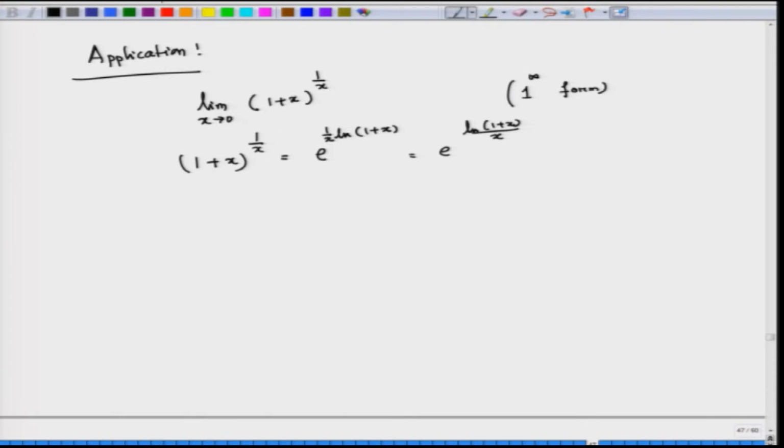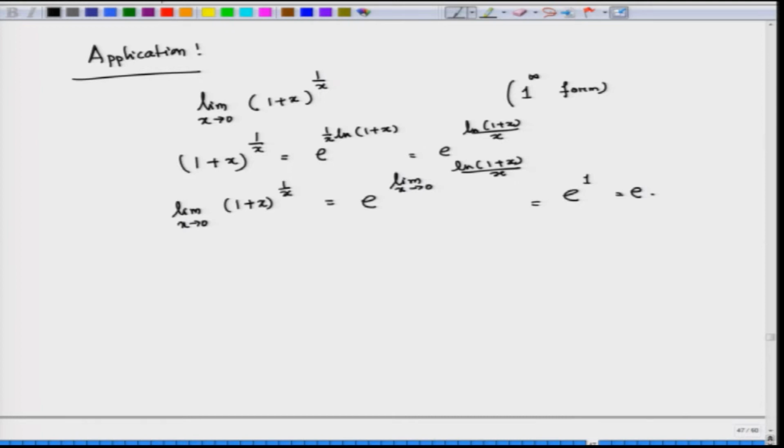Now, e to the power x is a continuous function, therefore the limit as x goes to 0 of 1 plus x to the power 1 over x is equal to e to the power the limit as x goes to 0 of ln(1 plus x) divided by x. This we have computed earlier. This is going to be e to the power 1, which is equal to e. So, this is another definition of e, which we get through the limit.